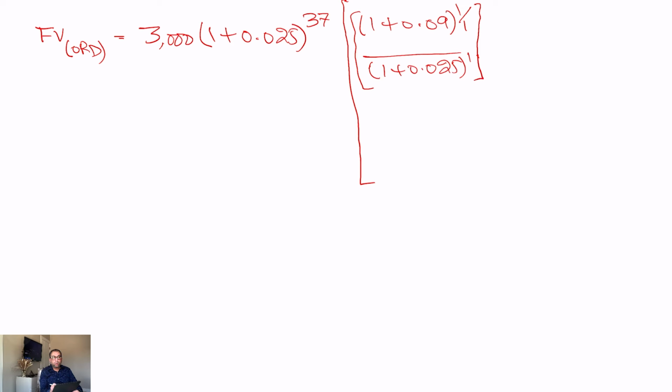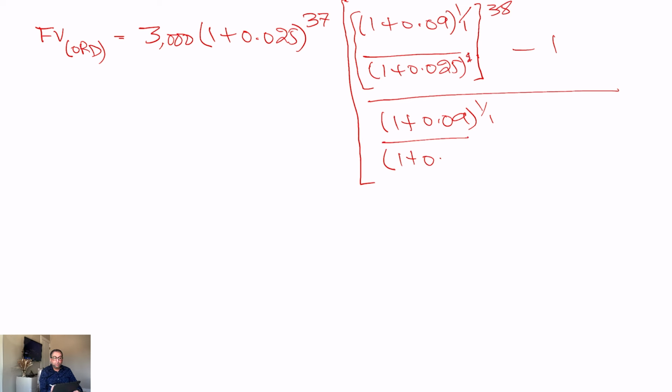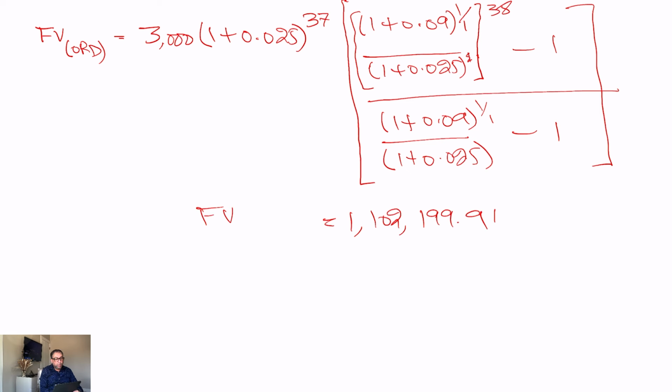So this is n, which is 38, minus 1, divided by 1 plus 0.09 exponential 1 by 1, and you have to divide it again by 1.025 minus 1. If you calculate it, you get 1,102,199.91. That's the future value ordinary.